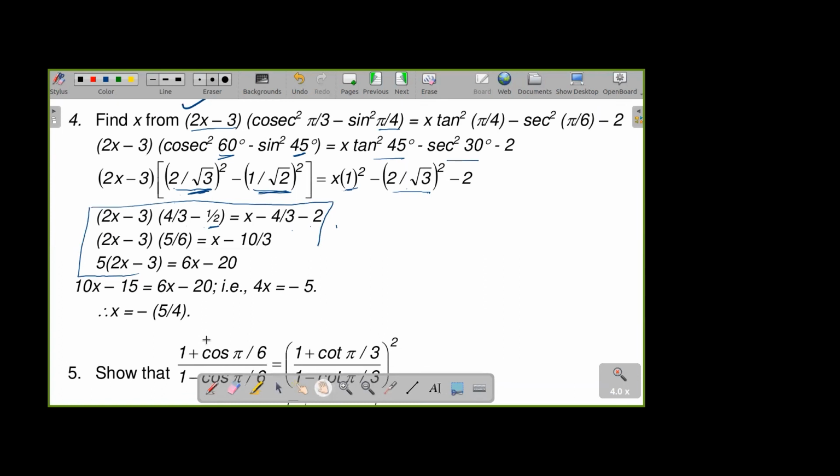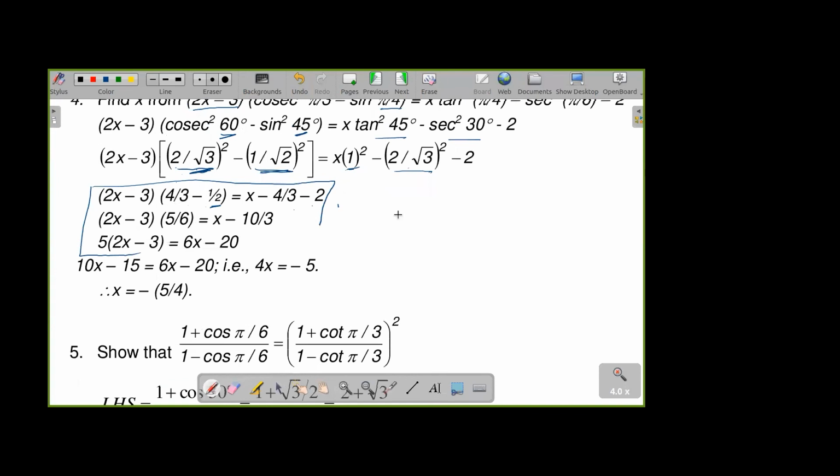So you can see here we solved 4 by 3 minus 1 by 2. What will be here? It will be 8 minus 3 over 6, that is 5 by 6. So it will come 5 by 6 x minus 10 by 3, 4 by 3 minus 2, it will be 4 minus 6, minus 10 by 3. Okay.